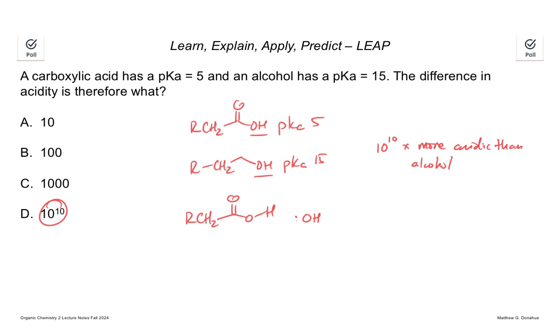So for the acid, again, say we're just using hydroxide as the base. That negative charge can go onto the other oxygen, and so that stabilizes it.